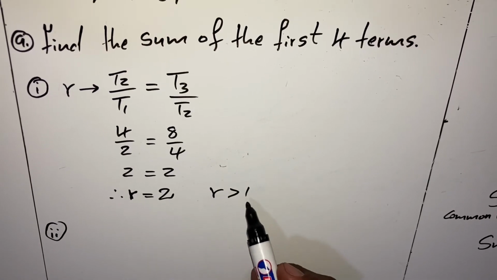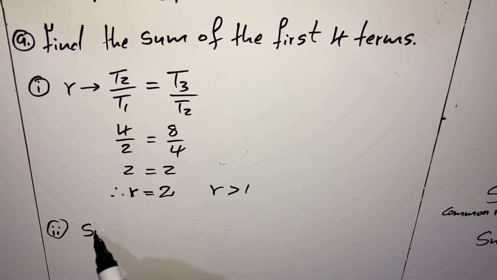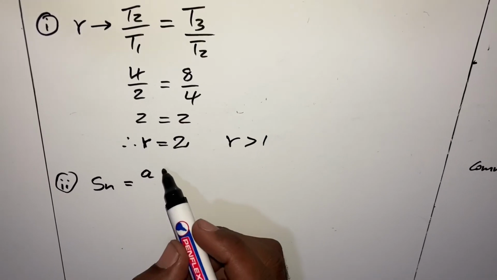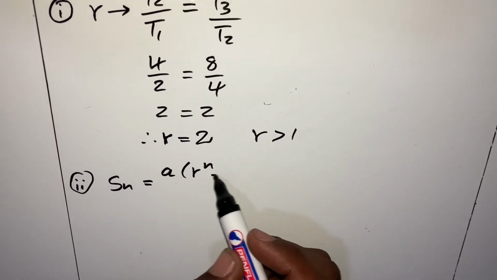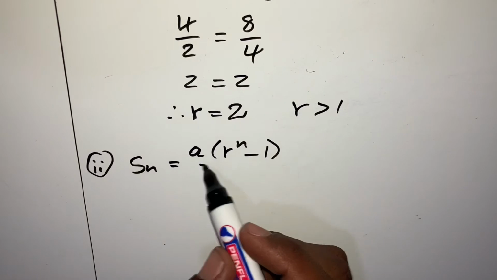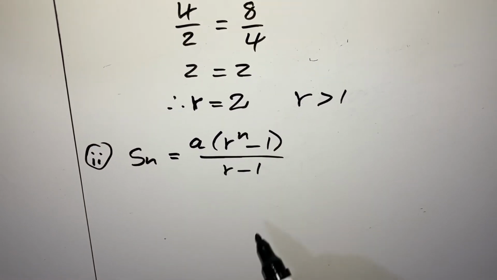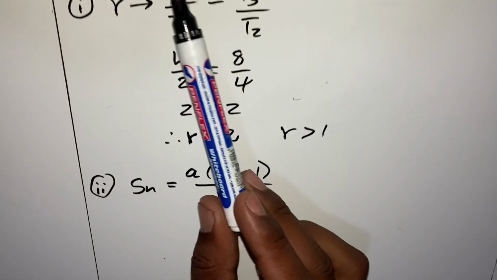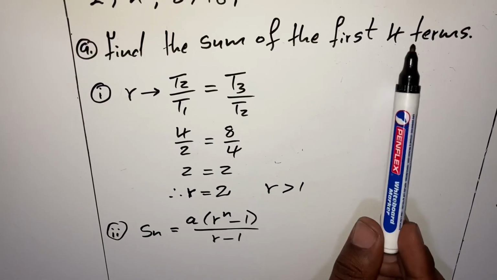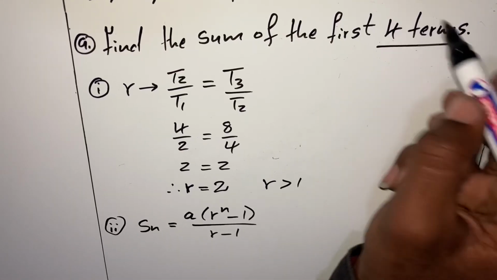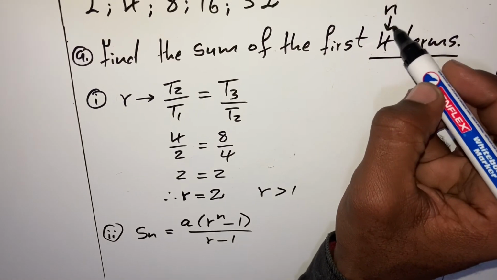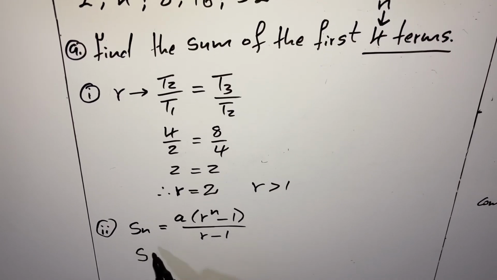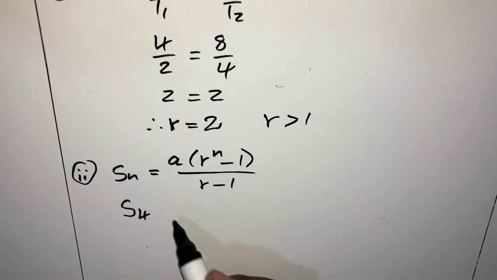So we'll go for the first formula, which is sum of n terms is equal to A R to the n minus 1 all over R minus 1. So the question is, find the sum of the first 4 terms. So we take our n to be 4.